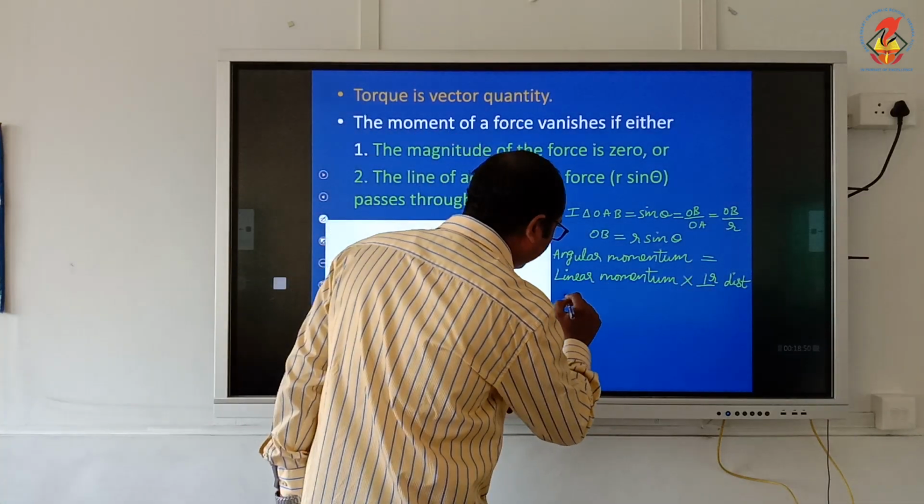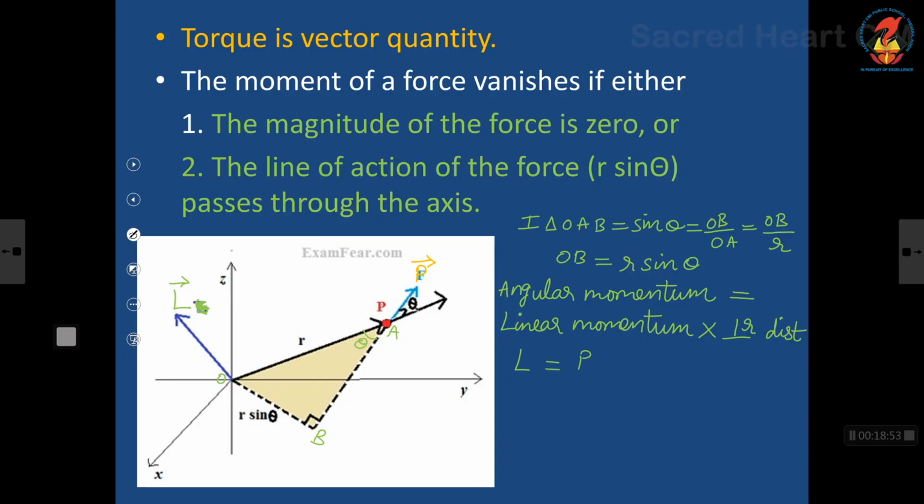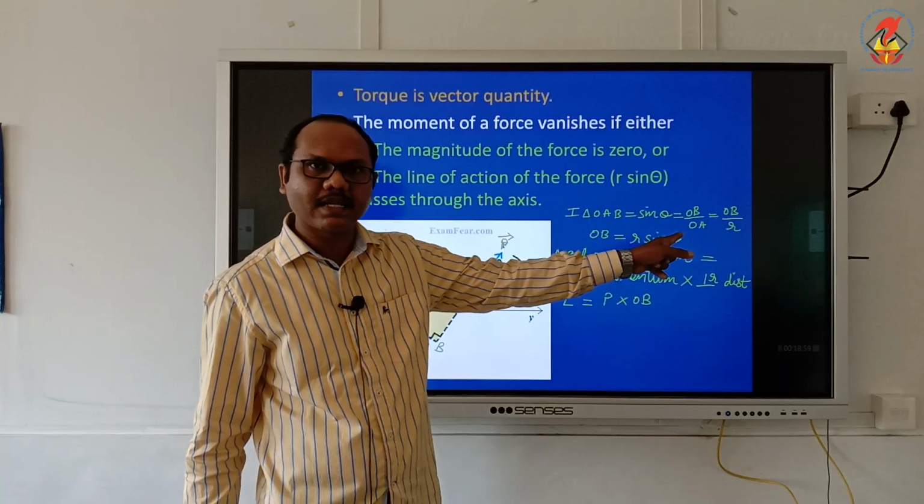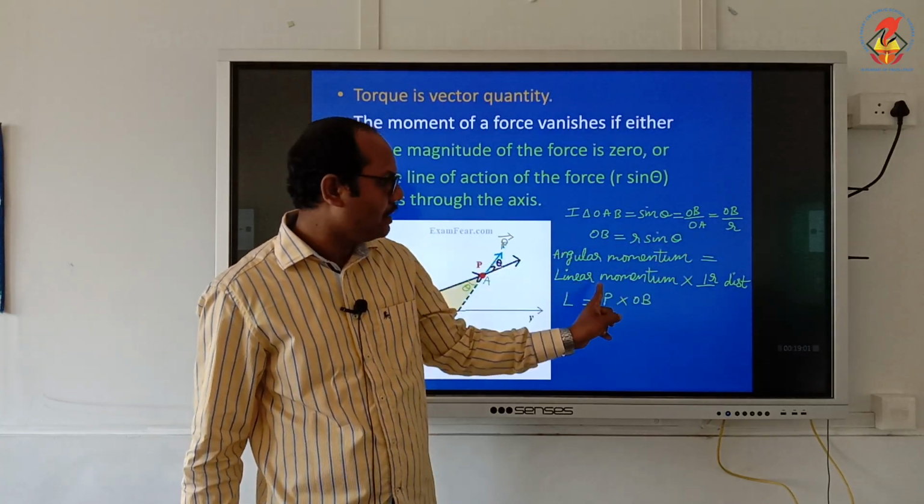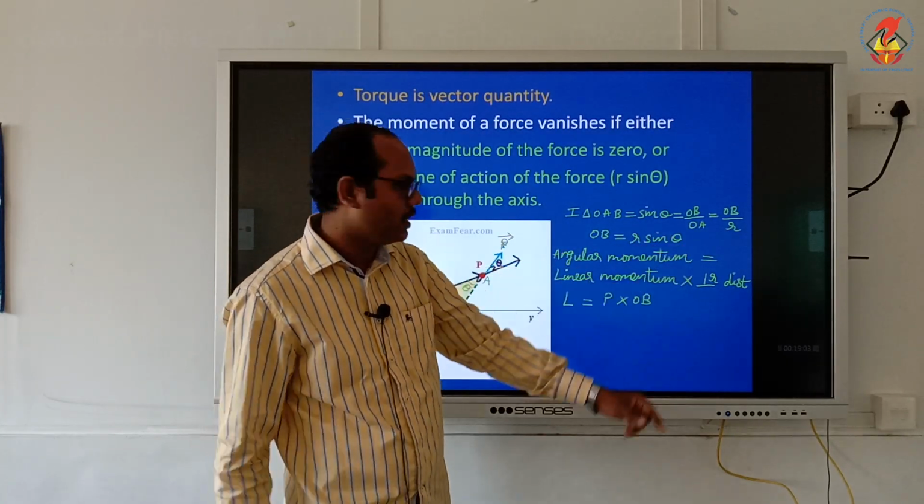So angular momentum is denoted by L, linear momentum is P, perpendicular distance is OB. And what is OB here? R sin theta. Therefore I can write P into R sin theta.